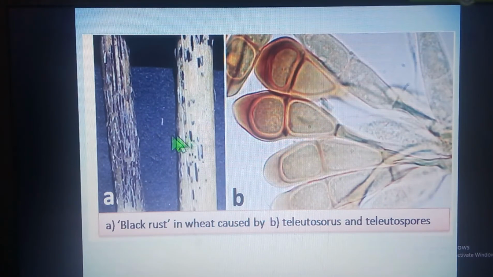So that means at this time you will understand that the wheat is infected by another type of spore. Actually, it is infected by the uredosori at first, but these uredosori at the end of the wheat season get converted into telisori, which look like black raised streaks.